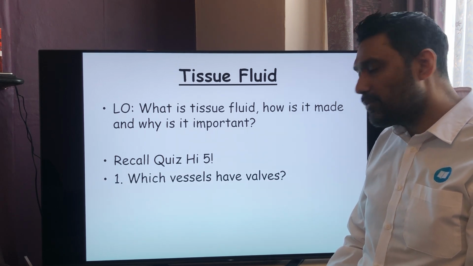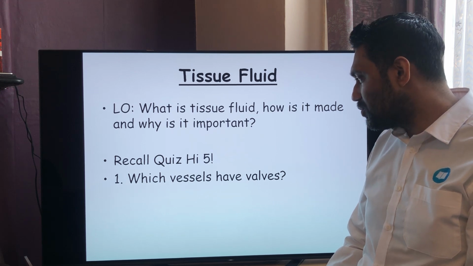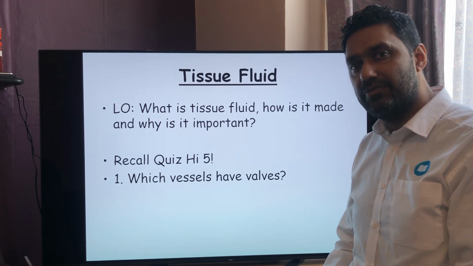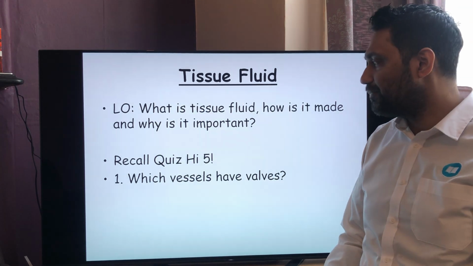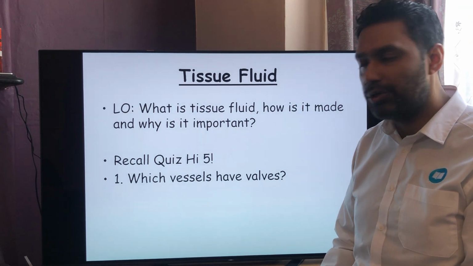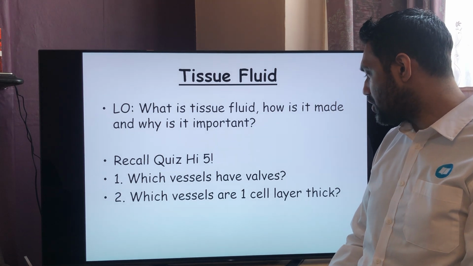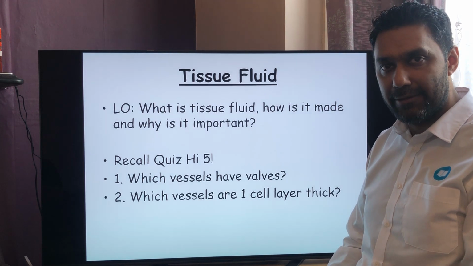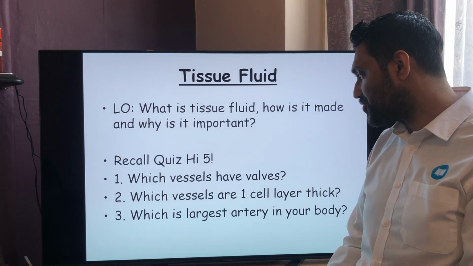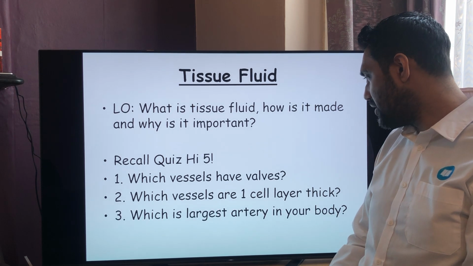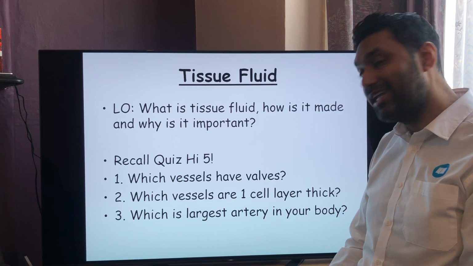So, number one, which vessels have valves? Okay, press pause and write it down and then we'll carry on. And number two, which vessels are one cell layer thick? Number three, which is largest? Which is the largest artery in your body?